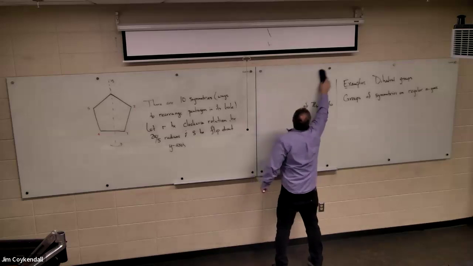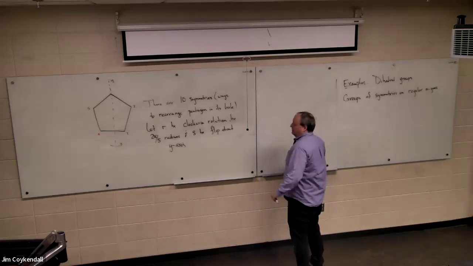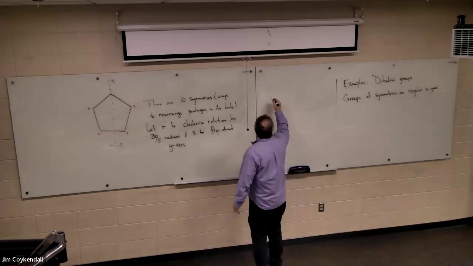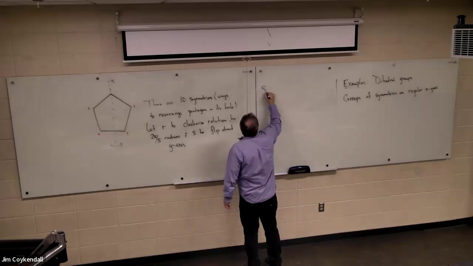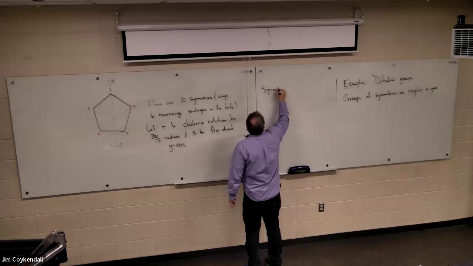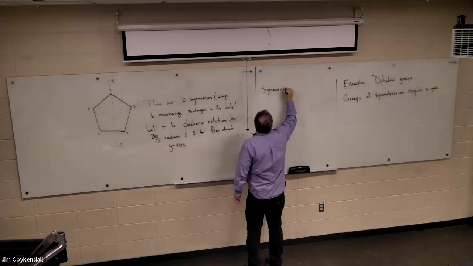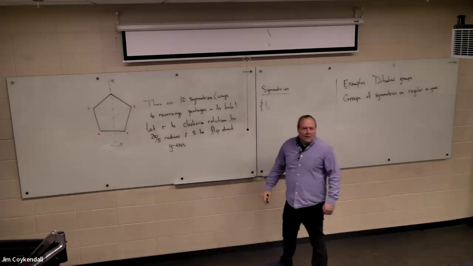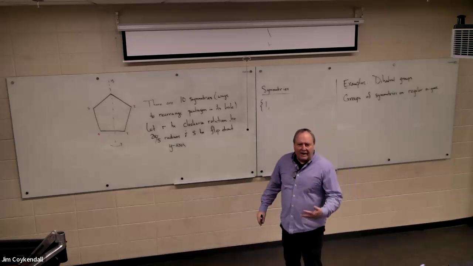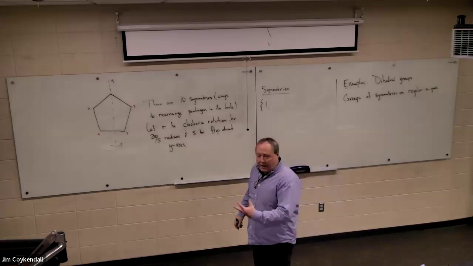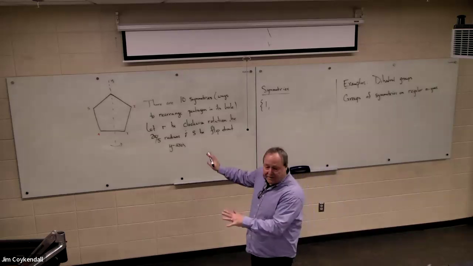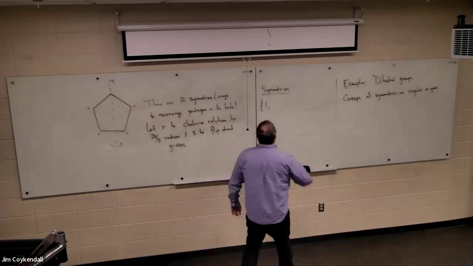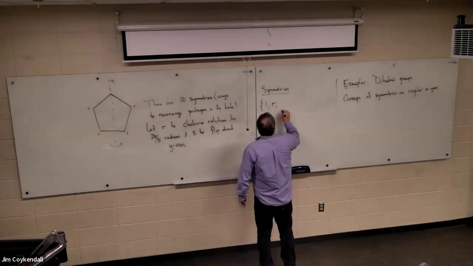I will list the 10 rotations that you get here. The symmetry 1 is the identity of the group. This is where I don't change it at all. I just leave it the way it is. I could rotate it 72 degrees.